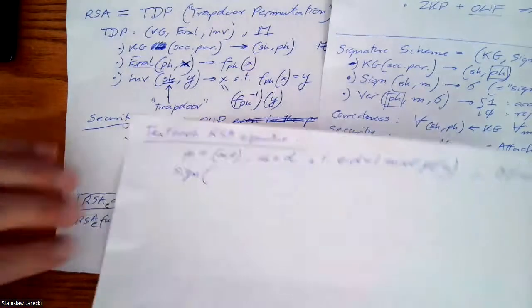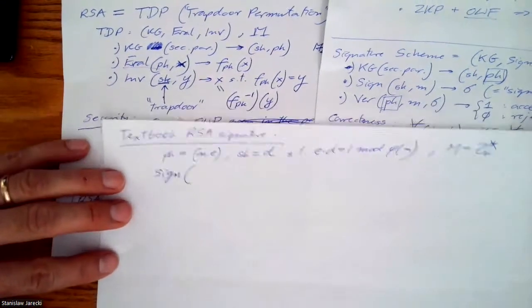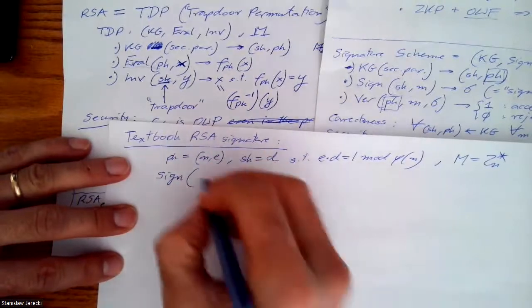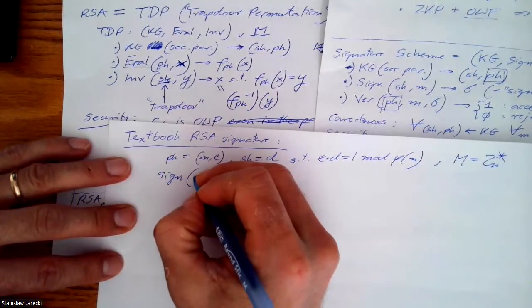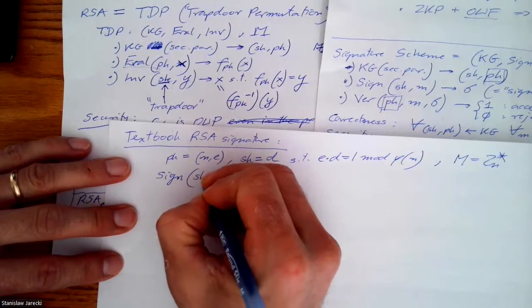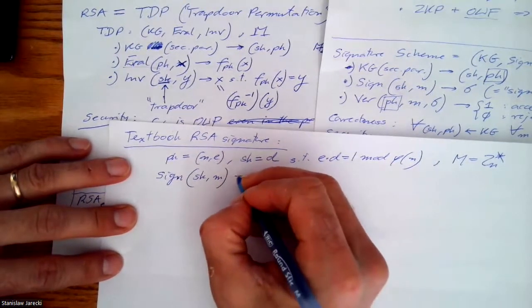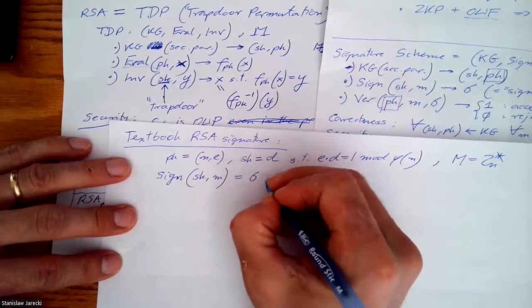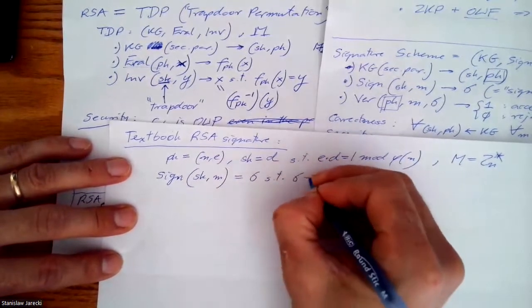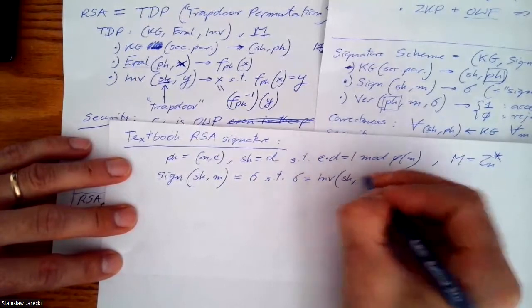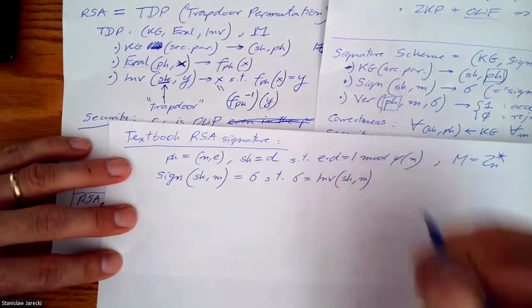That is indeed the textbook RSA signature. Given the secret key and a message, output a signature such that the signature is the inversion, using the secret key, of this message.